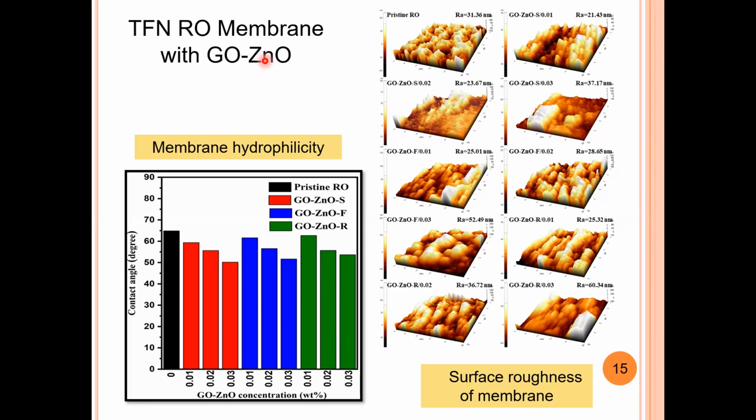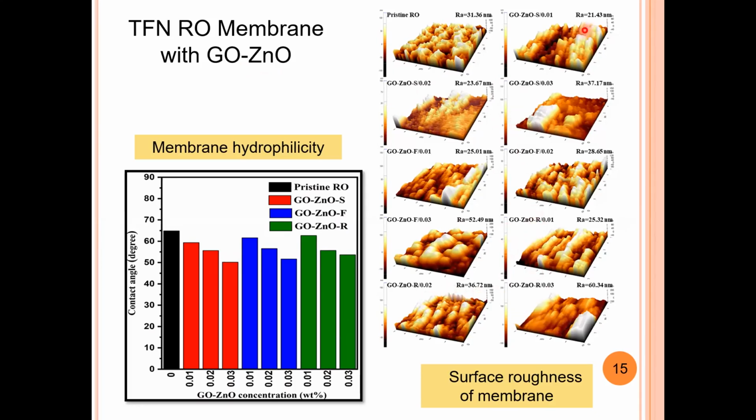Not only that, efficient dispersion of the ZnO nanoparticle is really seen here from the contact angle as well as the surface. And again, the spherical particle and the flower and rod-shaped particle of GO ZnO are given here.